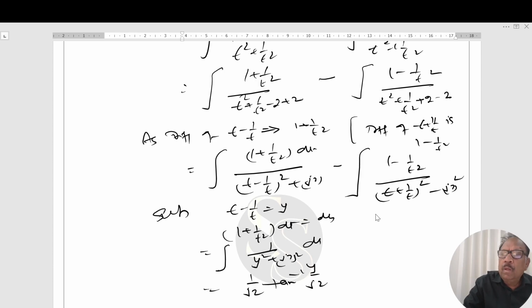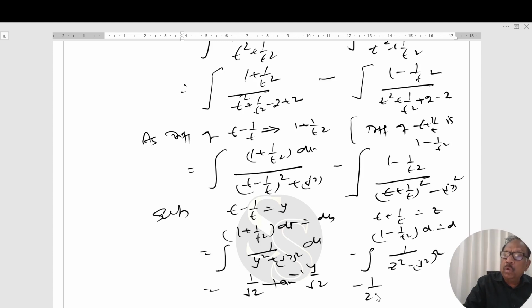In the other case, put t plus 1 over t equal to z, so 1 minus 1 by t square dt equals dz. This comes out to be 1 upon z square minus root 2 whole square, which is 1 over 2 root 2 log of z minus root 2 over z plus root 2.